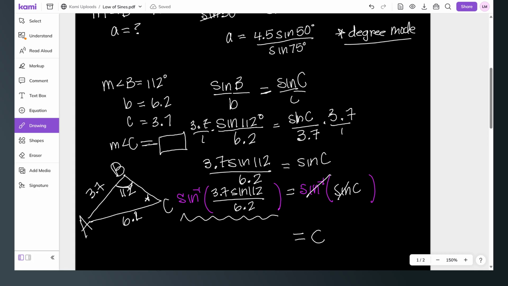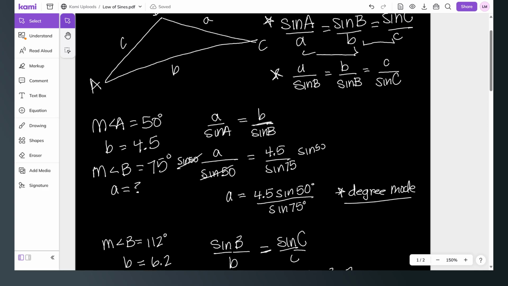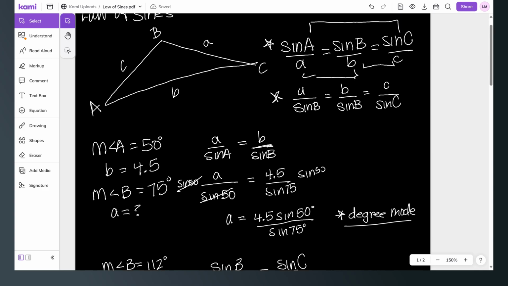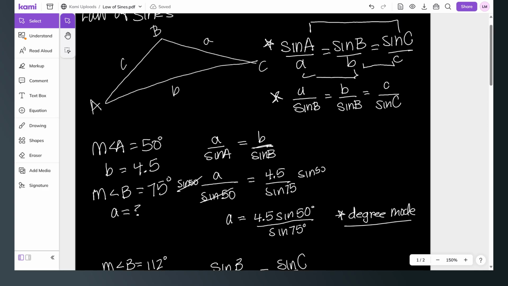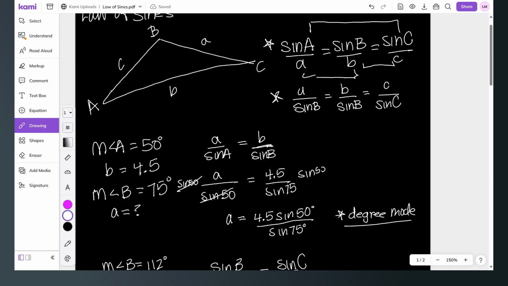And when I had angle A, angle B, and side B that they gave me, I had angle, angle, side. Those are the things you're looking for when we use law of sines.